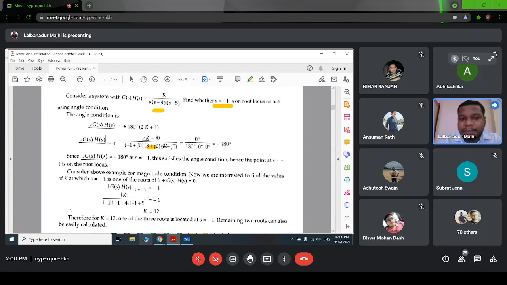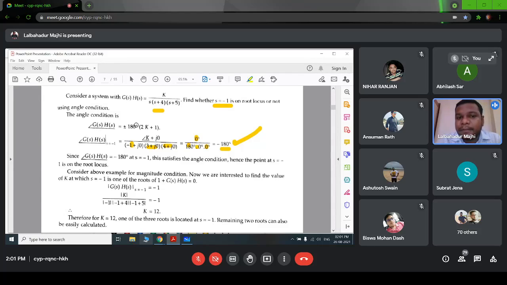These are positive terms, so the angle will be 0 degrees. For the negative term, we get 180 degrees, so it is minus 180 degrees. So the angle of the transfer function at s equal to minus 1 is minus 180 degrees. That means it is satisfying our angle condition, right?